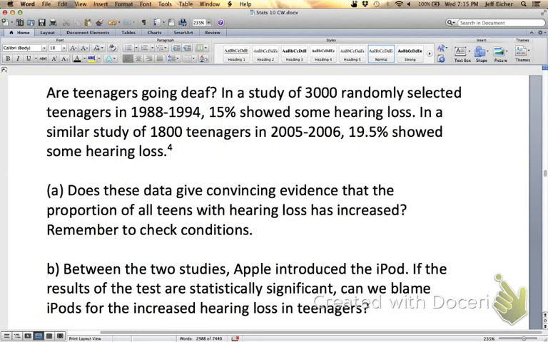For the random condition, you're told that they were randomly selected teenagers, and it was a similar study, so we take that to mean they randomly selected the other teens in 05 and 06. The independent condition: there are many teens to sample from. We do assume that the teens that were selected in 05 and 06 were not the same teens in 88 and 94, which seems like a fair assumption.